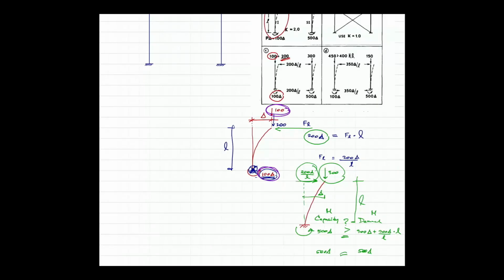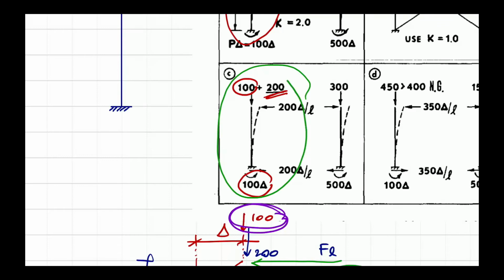Even though you overstrain the left column, as long as this part that you overstrength is less than the room that you provided on the right column. The room that you provided means the difference between 500 as the capacity and the 300, which is the applied force, the actual applied force.